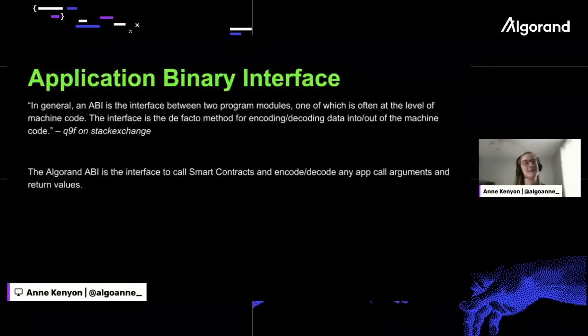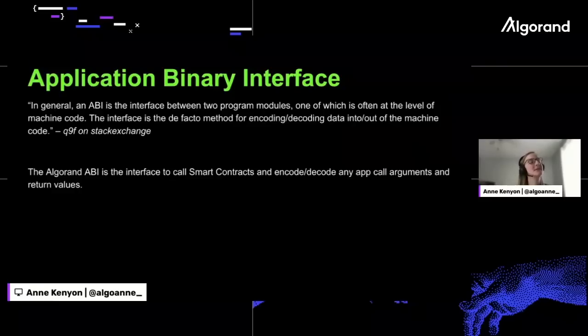The interface is the de facto method for encoding and decoding data into and out of the machine code. Random facts from Stack Exchange. So the Algorand ABI is the interface to call Algorand smart contracts and encode and decode any app call arguments and return values.